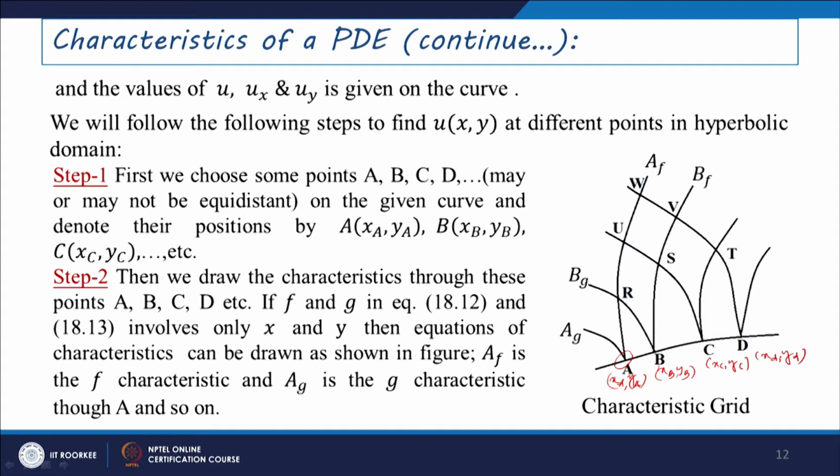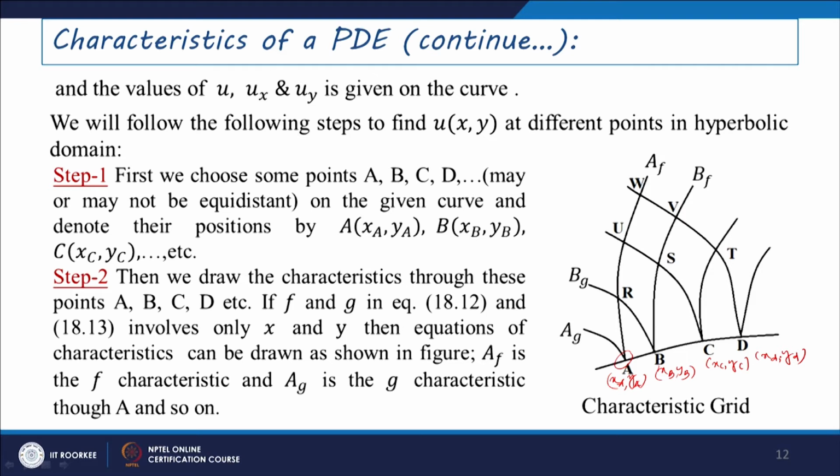If f and g, expressed in equations like 18.12 here, one taken as b plus, another taken as b minus, involve only x and y, then the equations of characteristics can be drawn as shown in the figure here.